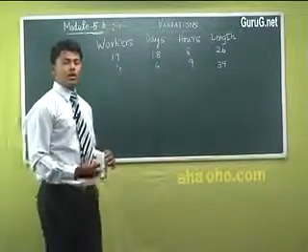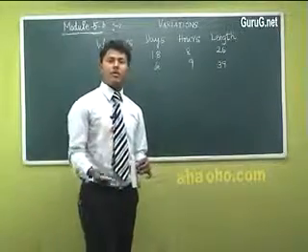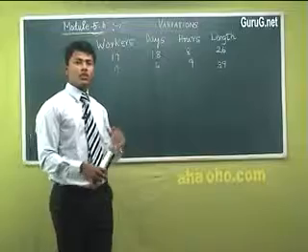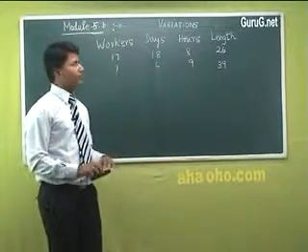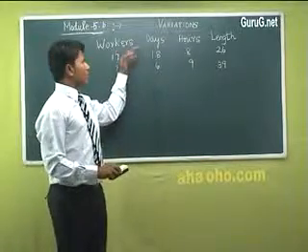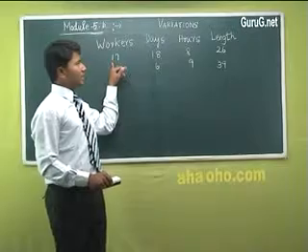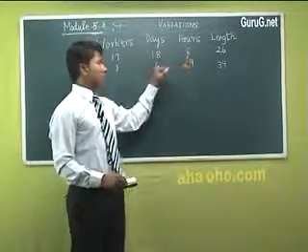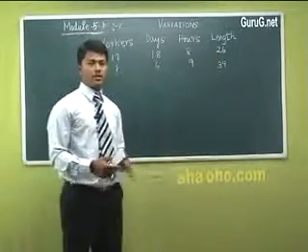Okay, so we have seen problems in direct variation and we have seen problems in inverse variation. We will see a problem in which both types of variation are involved. As I said, this is an example for such a problem. Write down the data: workers, days, hours and length. It is given that 17 workers working 8 hours per day for 18 days are able to dig a tunnel of 26 meter in length.